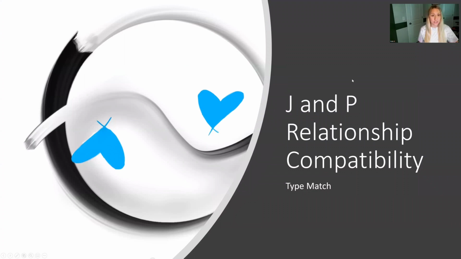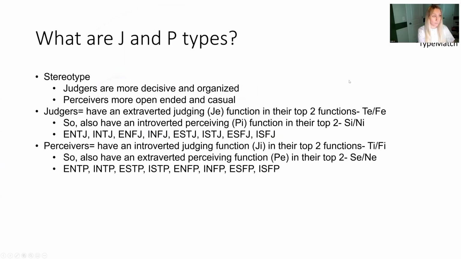Okay, so relationship compatibility between J types and P types.